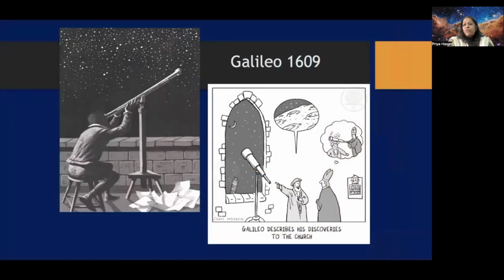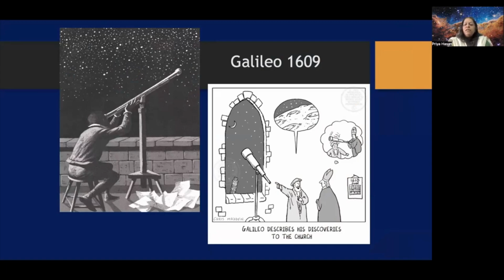And I would definitely talk to them about Galileo being the first one to look at celestial objects with the telescope. And even if you look at the size of the telescope which Galileo used, which was not very large, the results that Galileo got with that telescope were revolutionary.